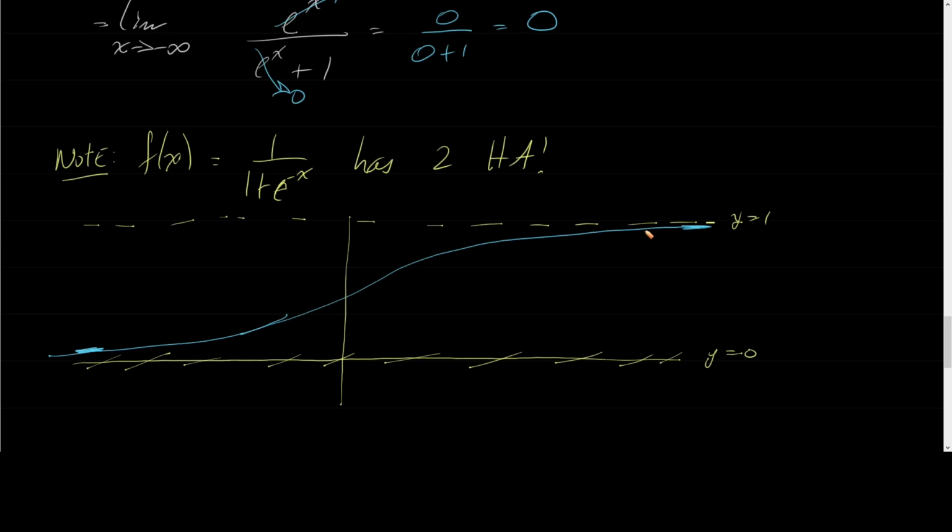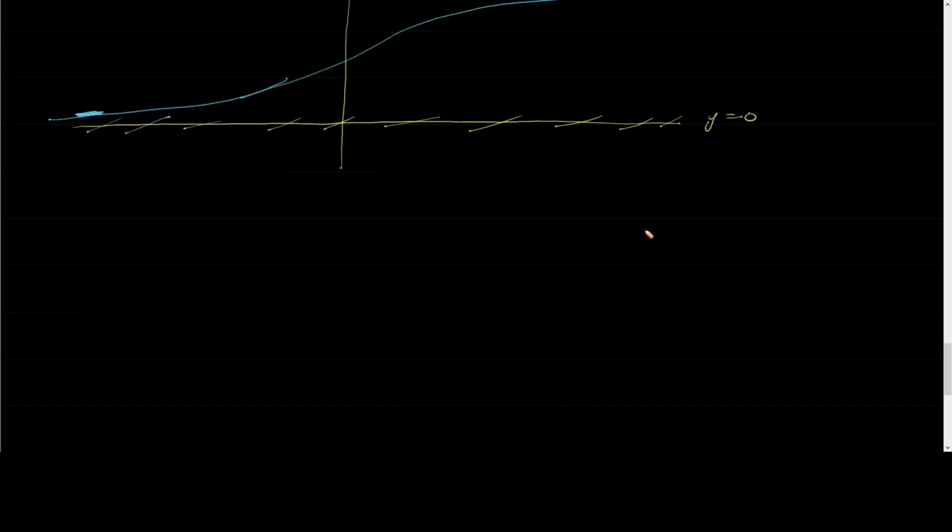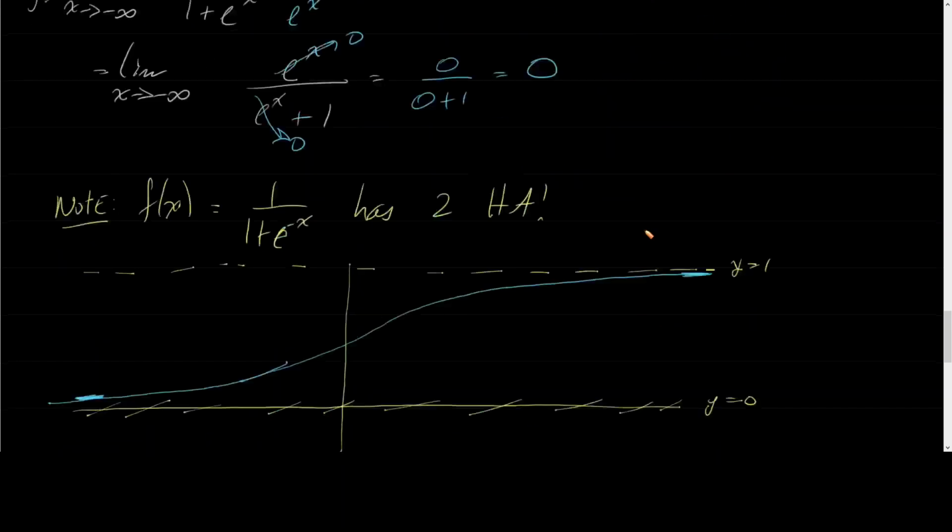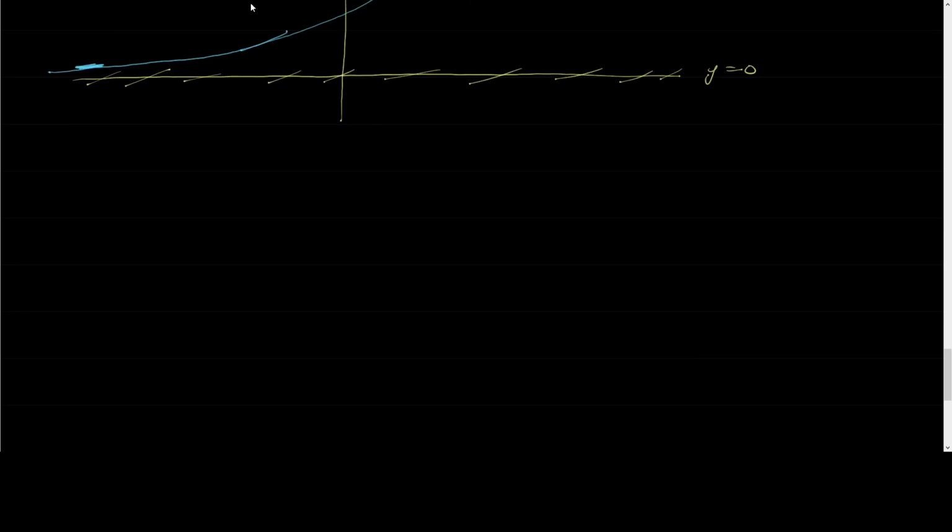Anywho, next example. Where am I at? F, G, right, so H. H. Let's say that I have the limit as x goes to infinity of sine of x. Let's think about this one.